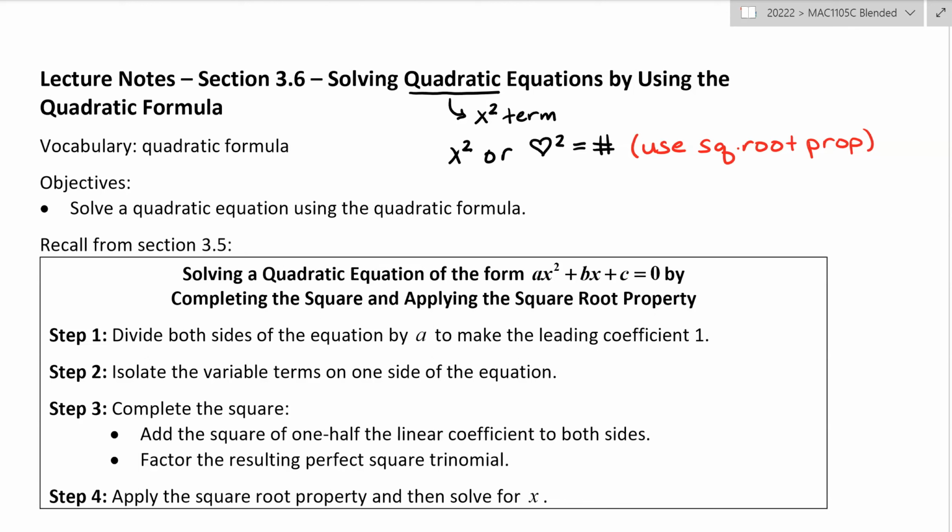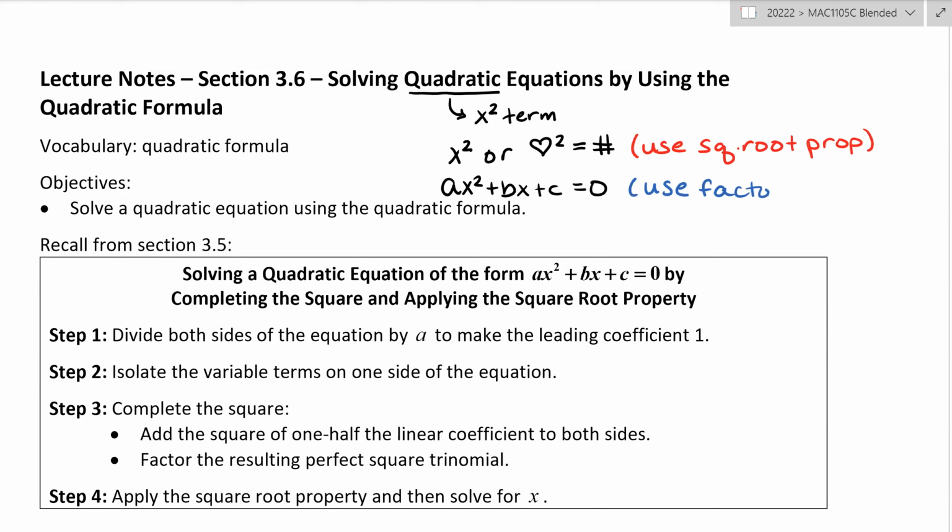We also learned about quadratic equations and setting them equal to 0 and using factoring. So you could have an ax squared plus bx plus c equals 0, and then you could use factoring.